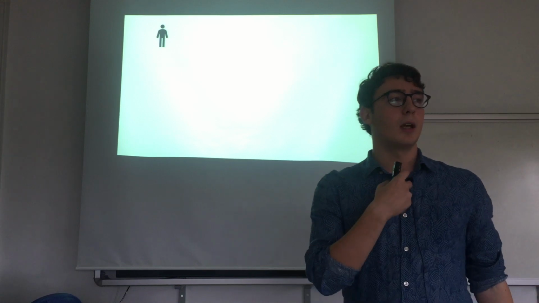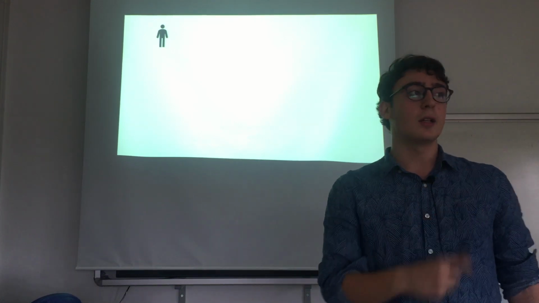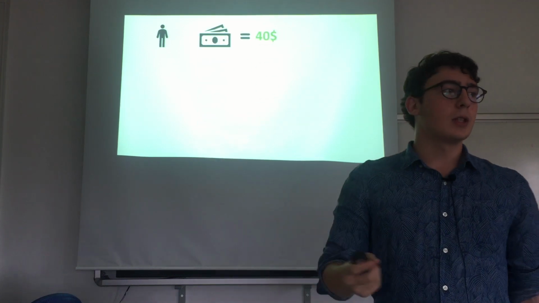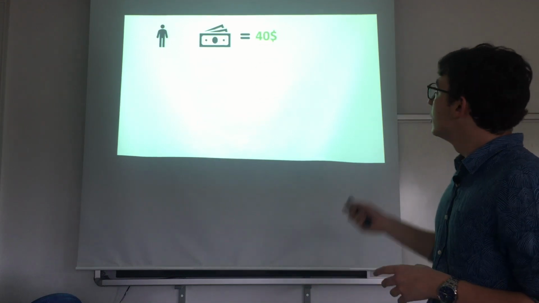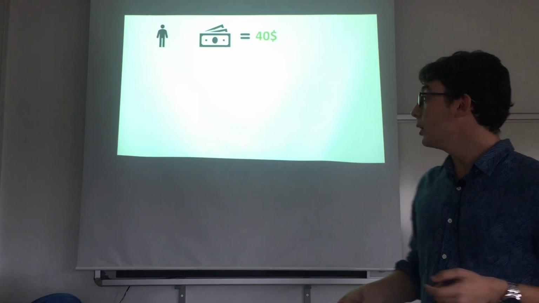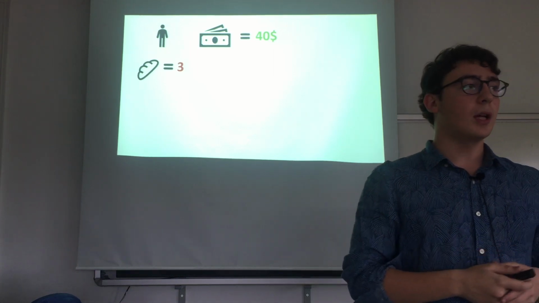Let's assume that I'm an officer in a country, and there are lots of officers in that country. So our consuming patterns are really similar actually. I earn 40 American dollars per month, and the price of a bread is 3 American dollars.